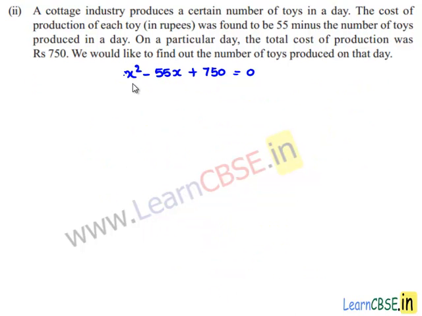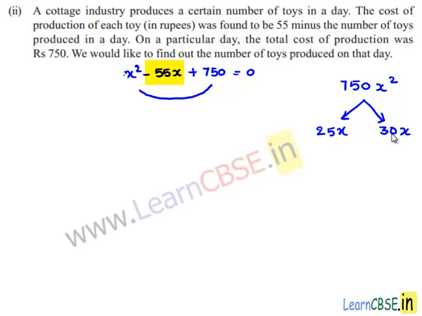Now the product of the first term and the last term is 750x square. We need two terms such that their product must be equal to 750x square and their sum must be equal to minus 55x. Let us take 25x and 30x. 25x multiplied by 30x is 750x square. 25x plus 30x is 55x.